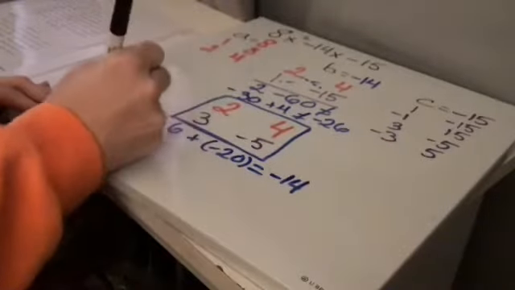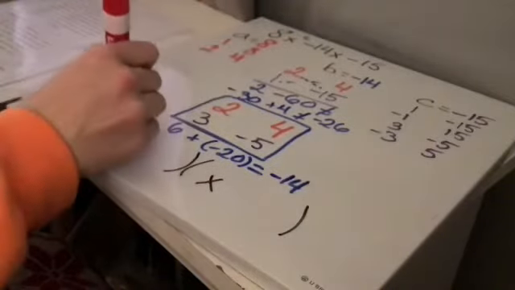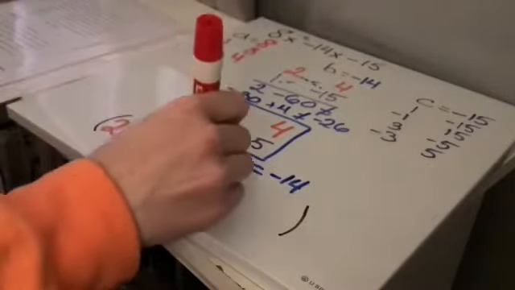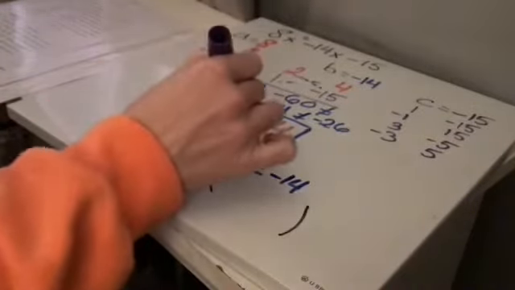So we know we have an x in each one. Then the factors of a go with x. So I'm going to have a 2x and a 4x. And then you have to figure out where your factors of c go, okay? So when I look here, the combination that worked was doing 2 times 3.